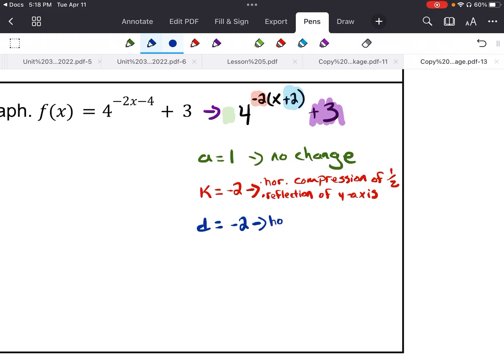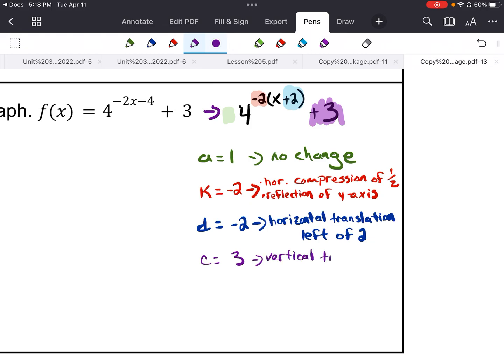And that's a horizontal translation left of 2. And the c value is 3. That's a vertical translation up 3.